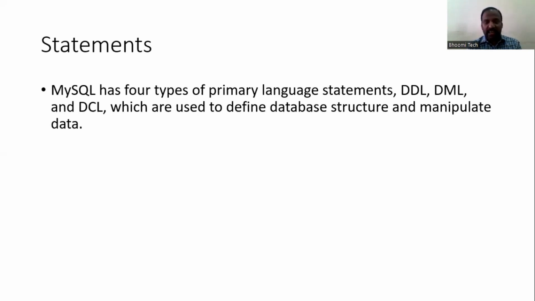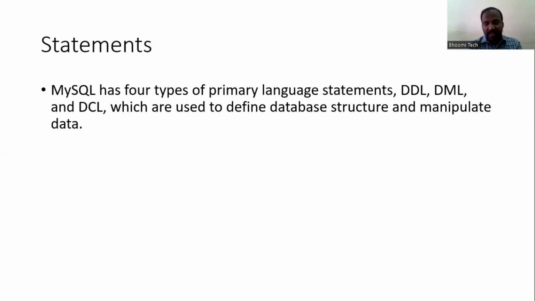And TCL are transactional control language commands. TCL commands are not in the scope of this course, so I'm not going to touch on those commands. Now we will learn data definition language commands, data manipulation language commands, and data control language commands.